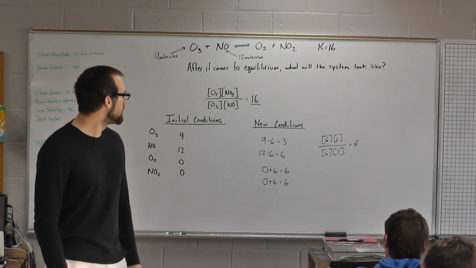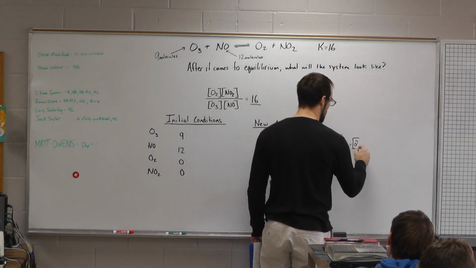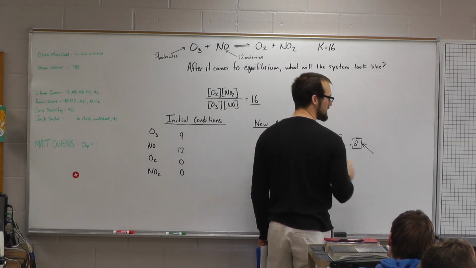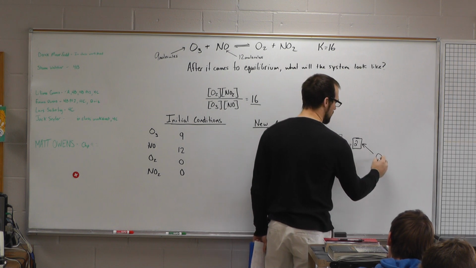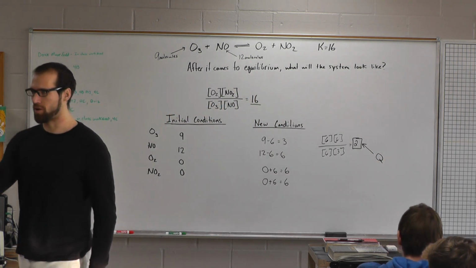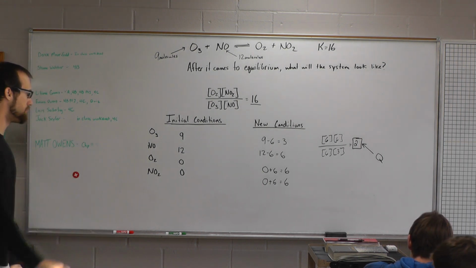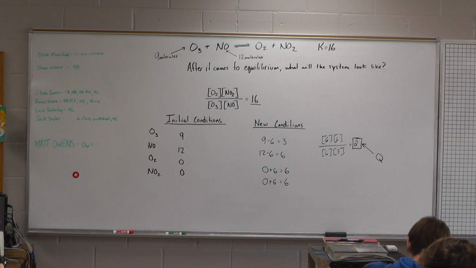We're going to talk later today that since this isn't at equilibrium, instead of K, we call that Q. But we'll get to that later. You should remember that a little bit. Anytime you're not at equilibrium, we call that Q, and that's how you determine which direction it will shift.